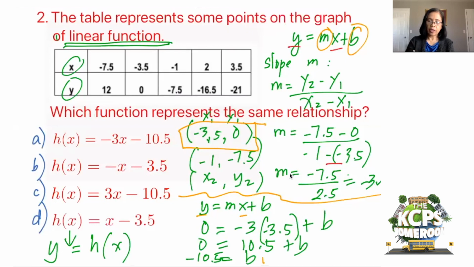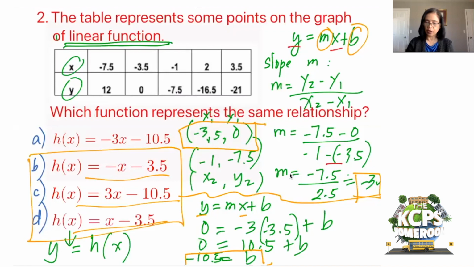So we now have our values for m and b. So of these equations, let's look at this. y equals mx plus b. If you're taking the test, you can eliminate already. We already have negative 3 as our slope, so this is eliminated. Even without solving for b, we are already able to eliminate these 3 choices.